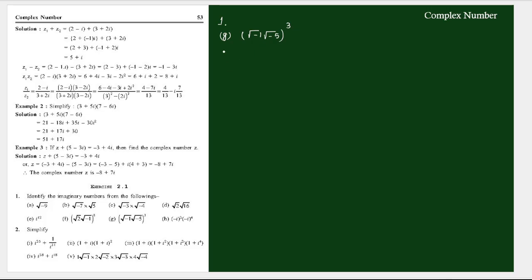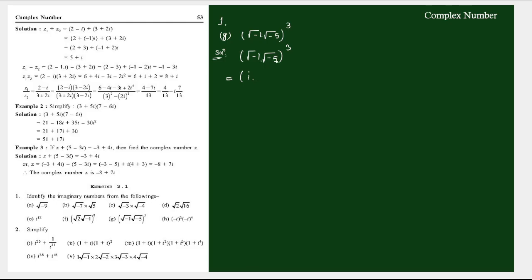Then we will try to separate this. So what we will try to do here is: -1, and then here we have root over -5, in whole cube. Now root over -1 is nothing but i, they are in multiplication.